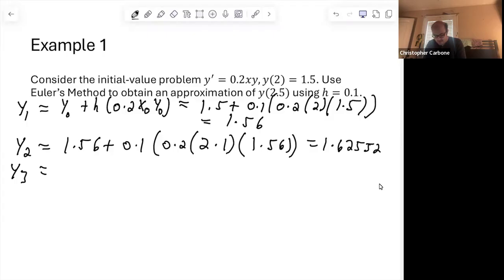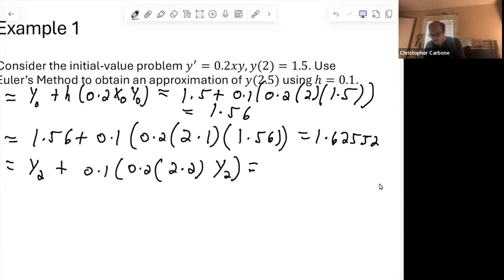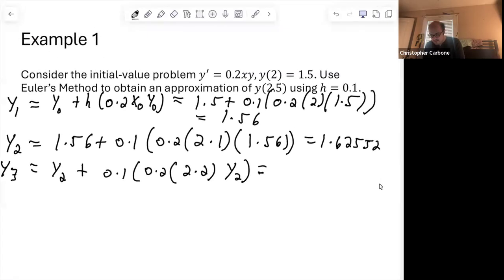Y sub 3 takes what we just got from y sub 2 and adds to it 0.1 times 0.2 times, now 2.2, times y sub 2. Doing that gives us 1.69704288.